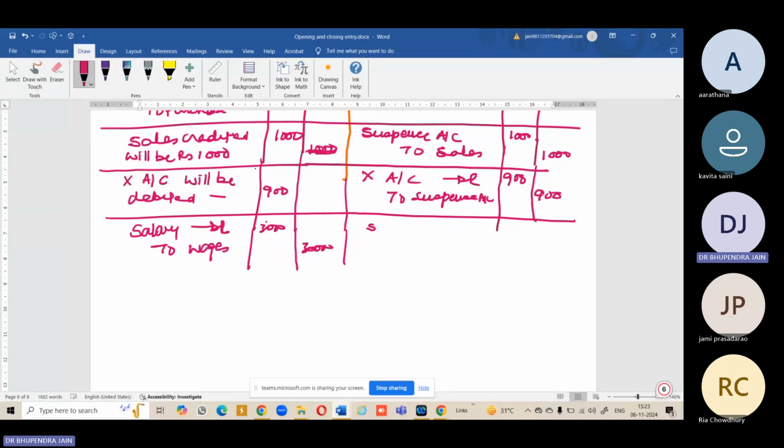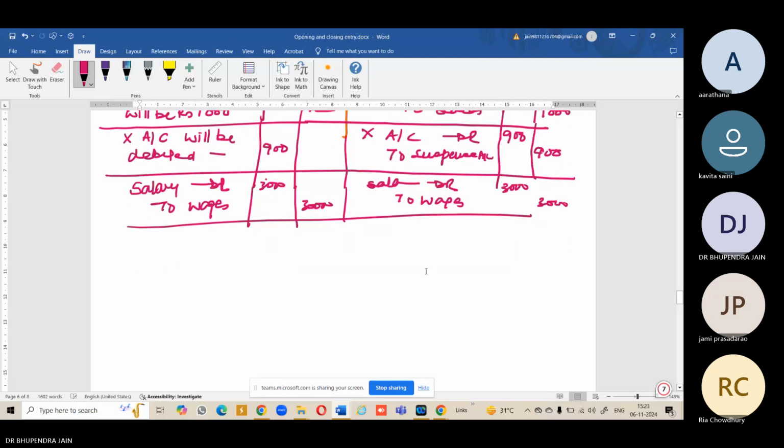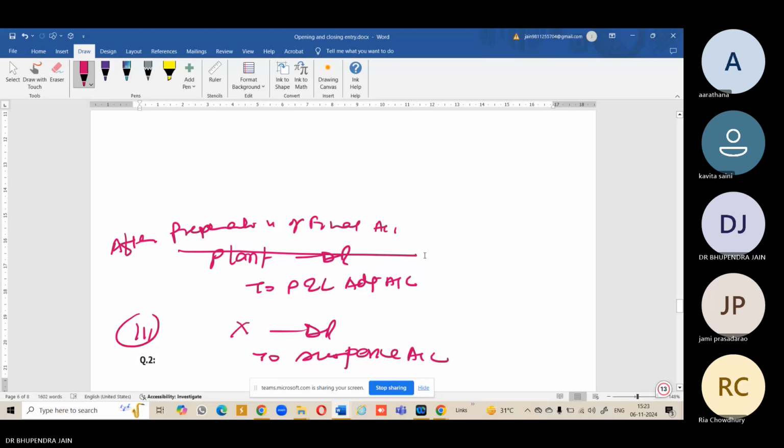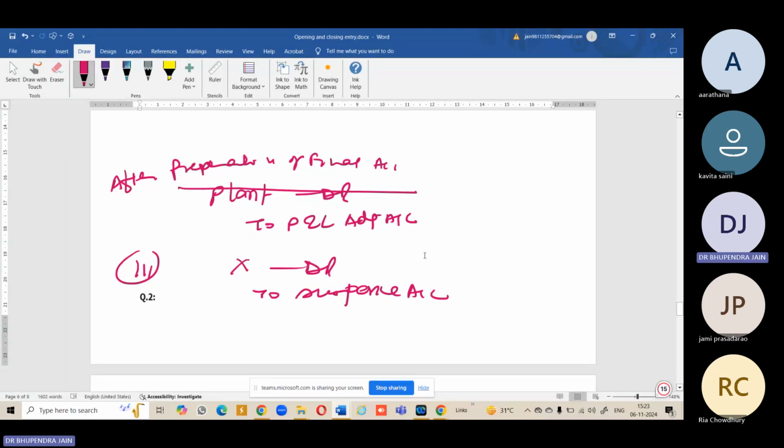Same entry we will pass here, salary account debit to wages, 3,000. But after preparation of final account, we will adjust the salary account with the name of the profit and loss adjustment account.